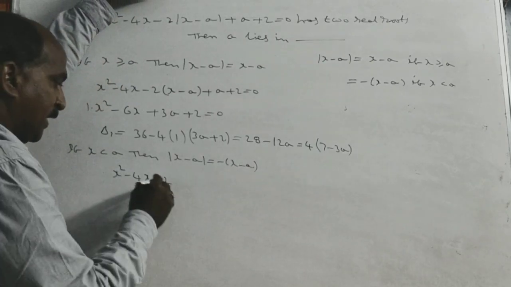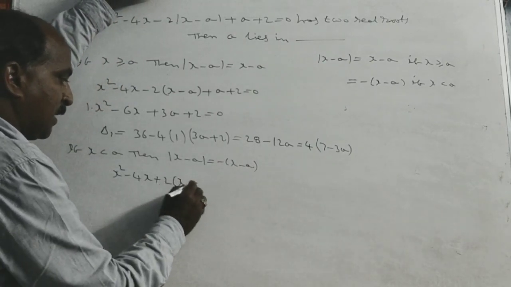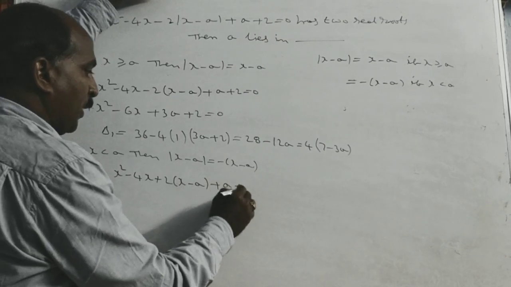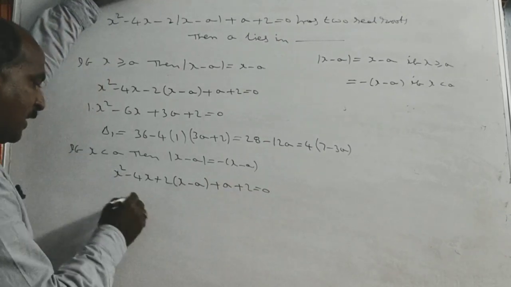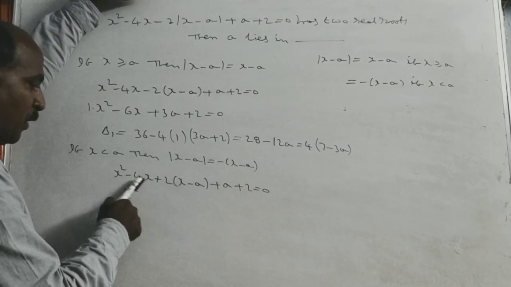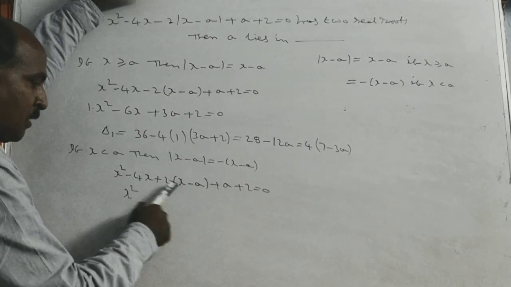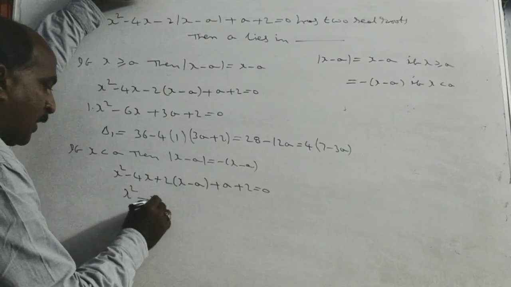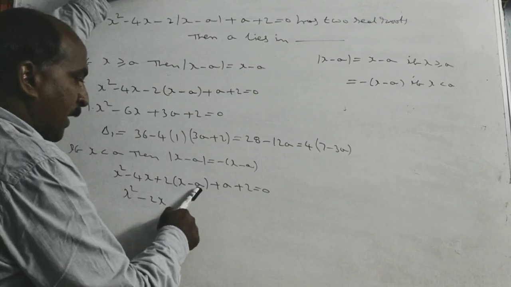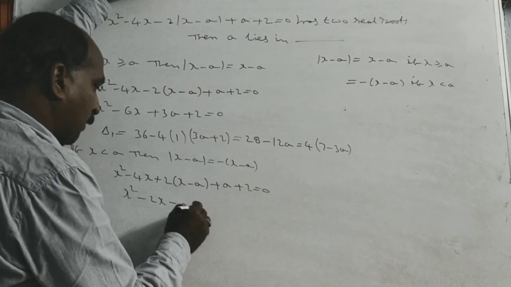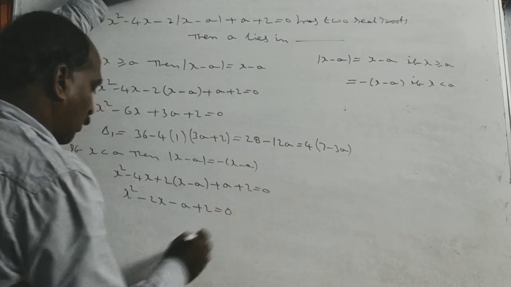So minus of minus, plus 2(x − a) + 2 = 0. So x² − 4x + 2x, that is −2x, 2 into −a, −2a, plus 2 equals 0.